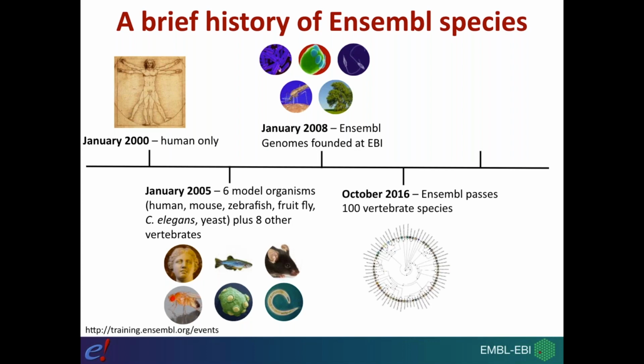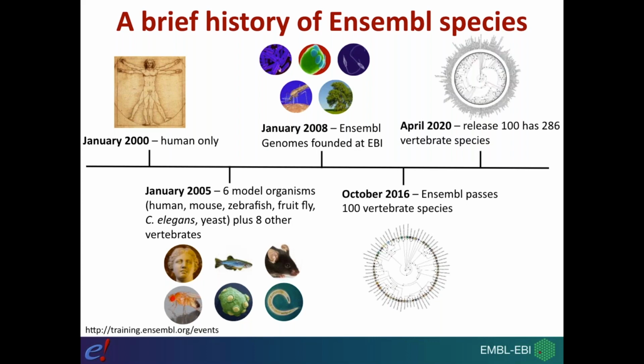By October of 2016, so around about 4 years ago, the Ensembl genome browser, looking at vertebrate species, passed over 100 different vertebrate species contained in our databases. And then earlier this year, in April 2020, Ensembl Release 100 had 286 vertebrate species, so nearly 300 species.